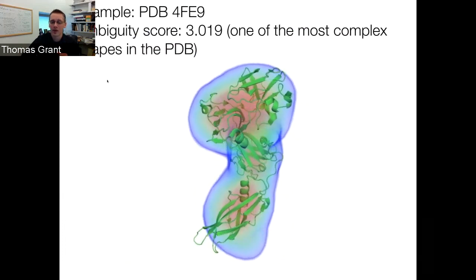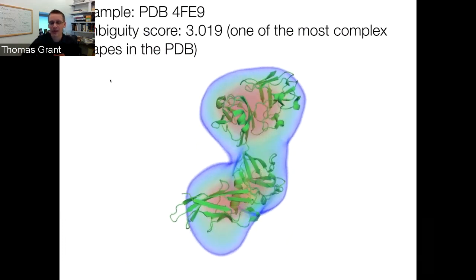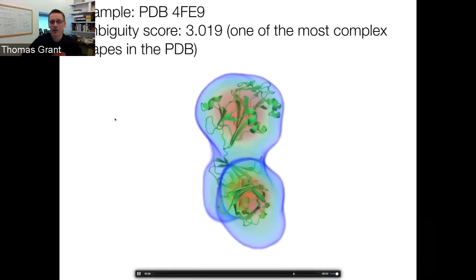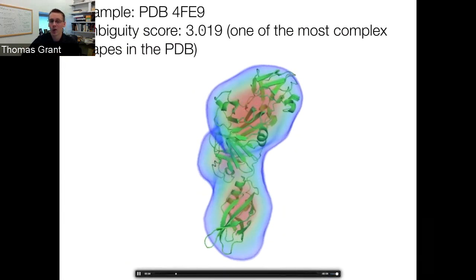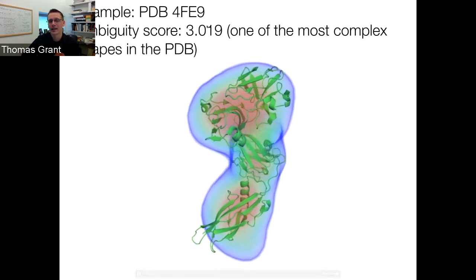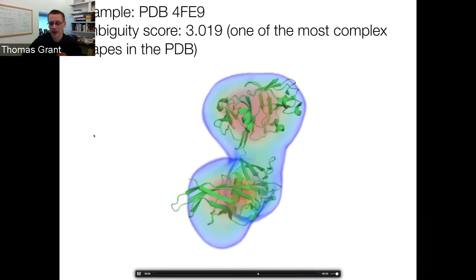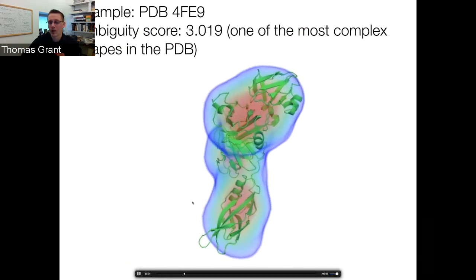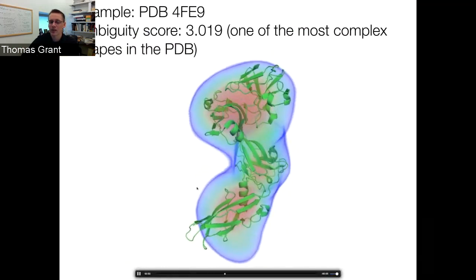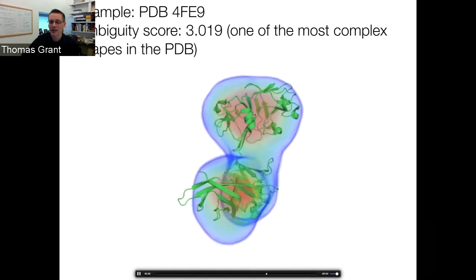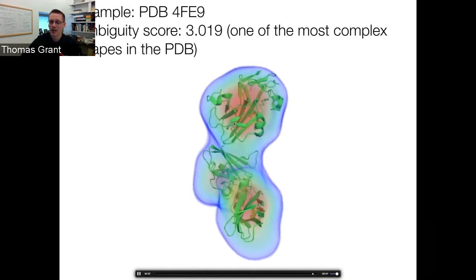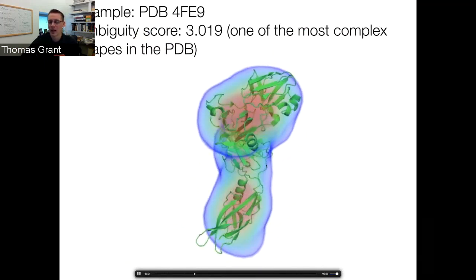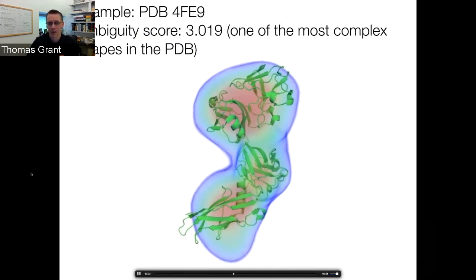This is the shape that I found to be the most complex in the PDB that I could find, with a very high ambiguity score. Typically, you want something like 1 or less, or 1.5 or less, and this is on a log scale, so 3 is very high. And so not only is it able to reconstruct the envelope very well, but it is also able to see these interior domains at low resolution. You can see these red hotspots for these 3 domains that pop up.